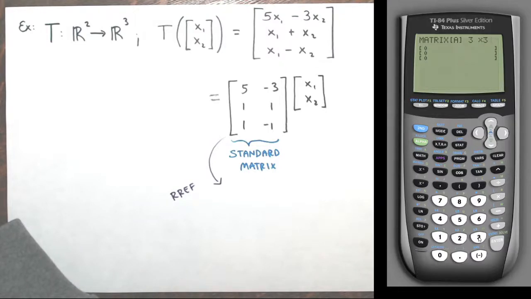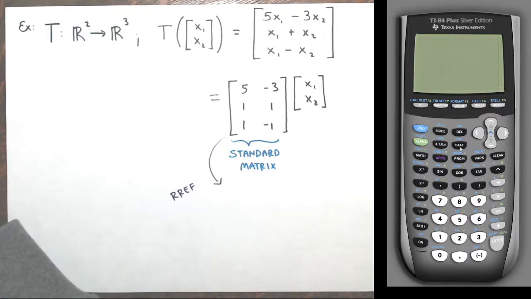I'll make it a 3 by 3, but only pay attention to the first 2 columns, the 3 by 2. So I've got 5, 1, 1 for the first column, and then going up, -1, 1, and 3, -3, sorry. And then just leave that last column as a bunch of zeros, because that'll stay zeros when I put this in reduced echelon form, and ignore it.